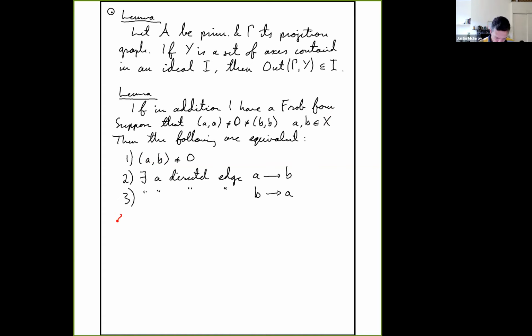And finally here, I'm going to give a corollary which says, suppose the above with the Frobenius form, such that it is non-zero for all axes.